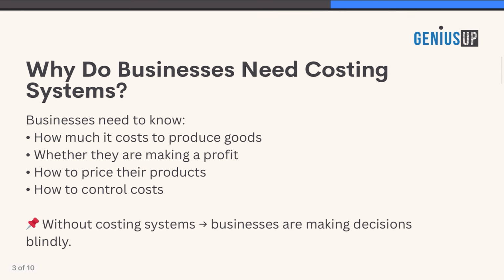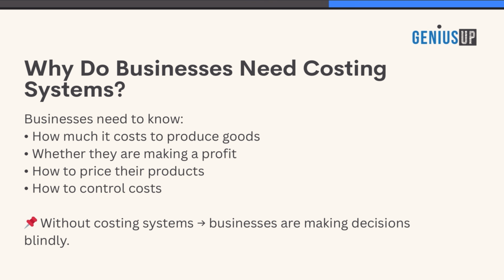So let's start by chatting about why businesses need costing systems. Businesses need to know how much it costs to produce the goods that they sell, right? Because if they know that, they'll be able to know whether they're making a profit or a loss from the goods that they're producing and selling.